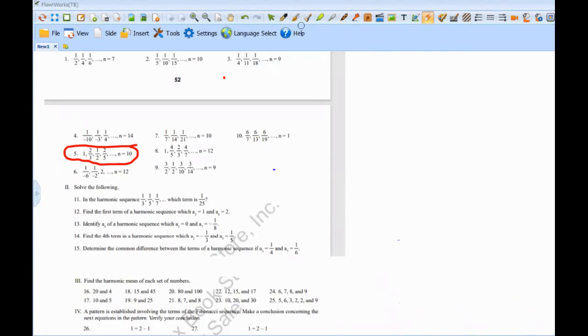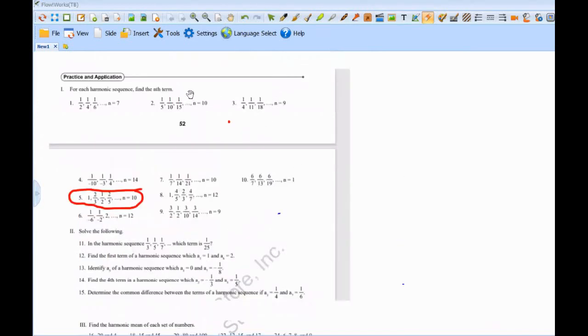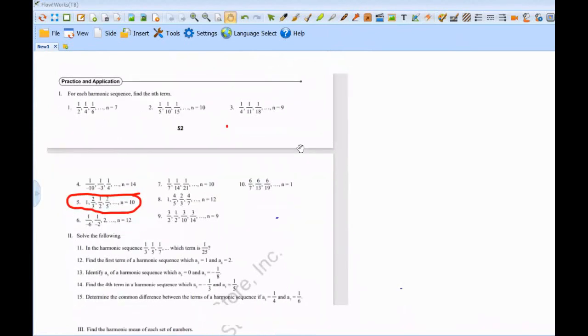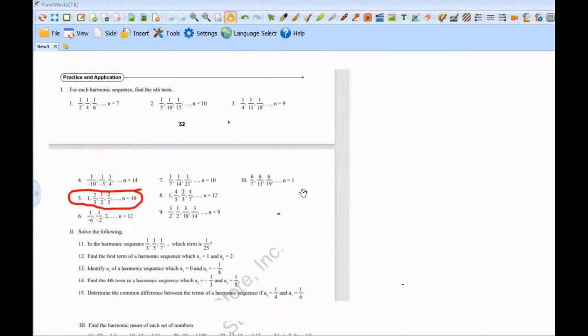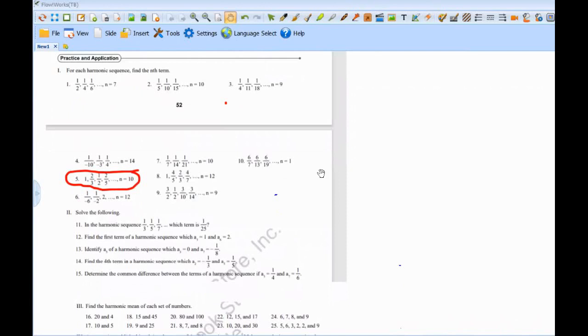But the given are, what are the given? For each harmonic sequence, find the nth term. It is the first term. So that is the nth. Maybe they just had a typo error, because the given is 6 over 7. This means to say that the first number is 6 over 7, right?